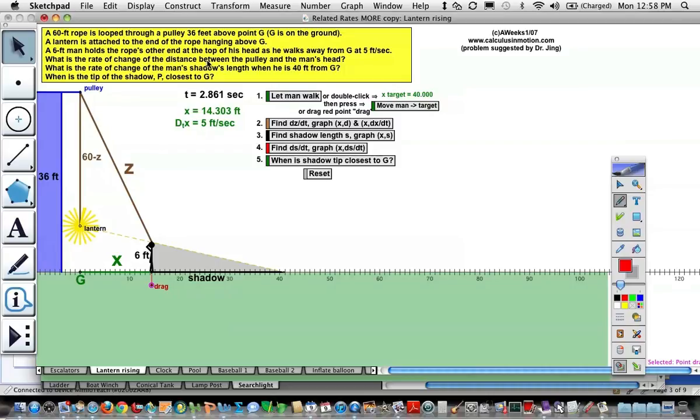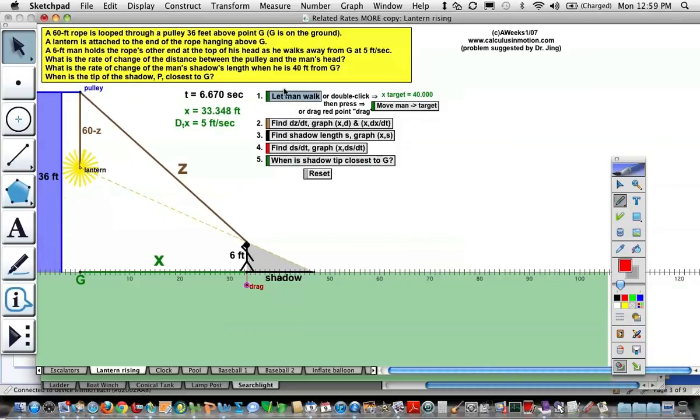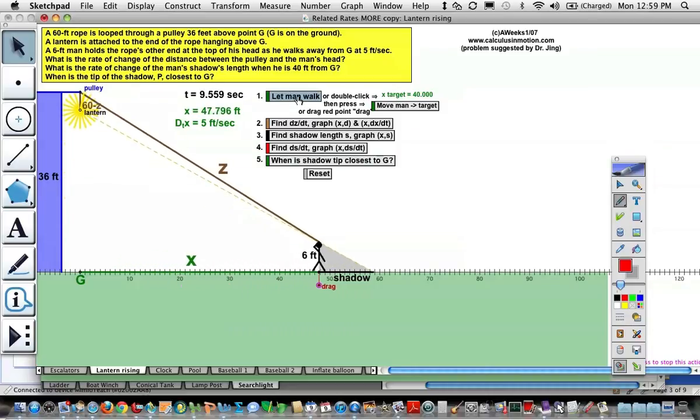What is the rate of change of the distance between the pulley and the man's head? That would be a typical related rate problem right there. Or we might ask, what's the rate of change of the man's shadow length when he is 40 feet away from point G? Or when is the tip of the shadow P closest to G? And so forth and so on. So if I go ahead and let the man walk here, okay, he's moving right along.